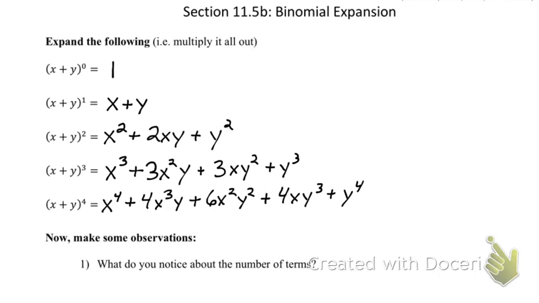decrease, right? Because they go 1, 4, 6, and then they go 4, 1. This goes 1, 3, 3, 1. This goes 1, 2, 1. Well, these don't increase because they're too small to actually see the pattern. So we should assume that in the next step it should go 1, bigger, bigger, bigger, bigger, smaller, smaller, smaller, smaller, until you get back to 1, right?